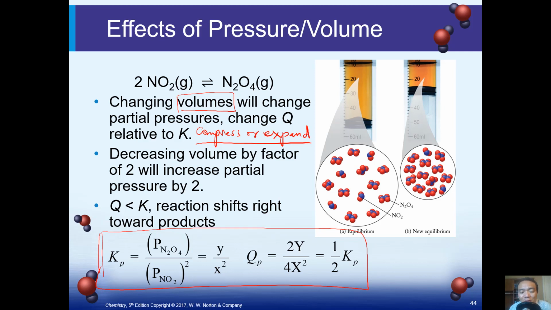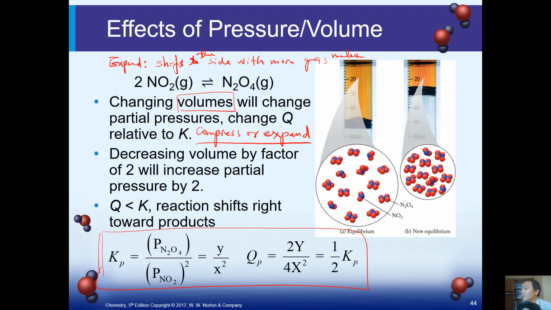How to increase pressure? You increase gas moles. So if you expand the container, the reaction will shift to the side with more gas moles.